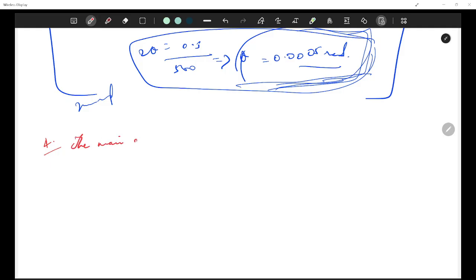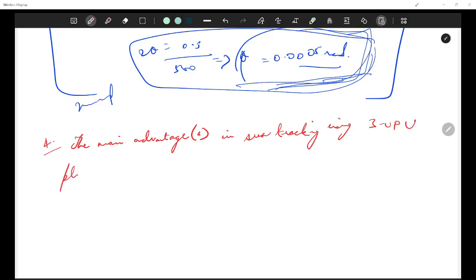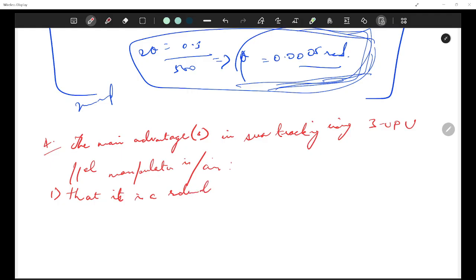The main advantage, or advantages, it can be multiple answer, in sun tracking using the 3-DOF UPU parallel manipulator, is that it is a redundant system and hence easier to control.